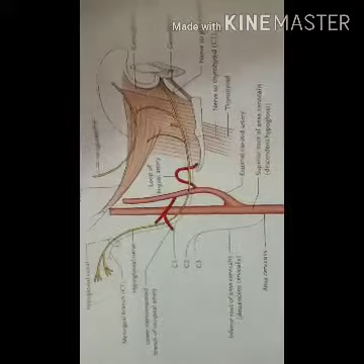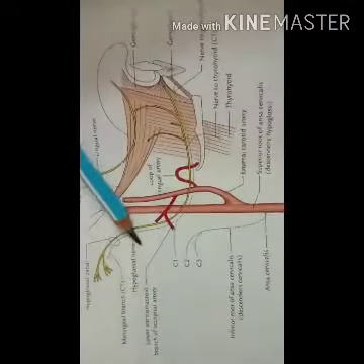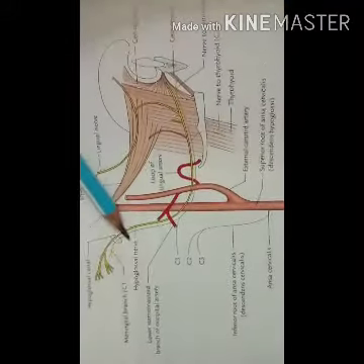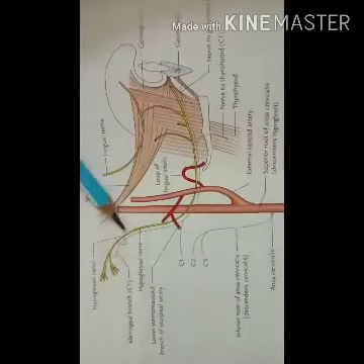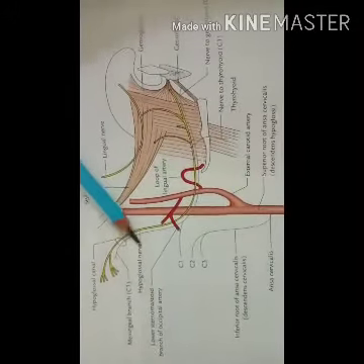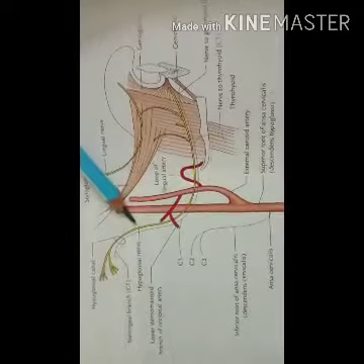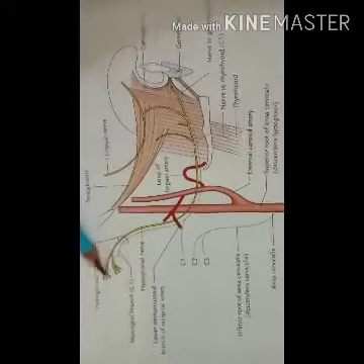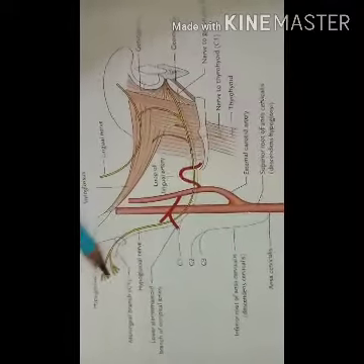The hypoglossal nerve arises from the ventral aspect of the medulla, from the anterolateral sulcus between the pyramid and the olive, forming 10 to 15 rootlets.